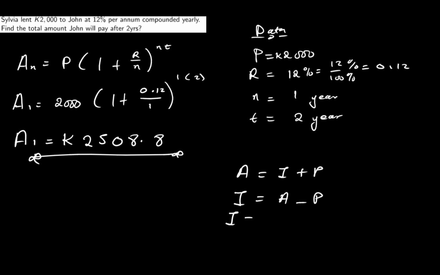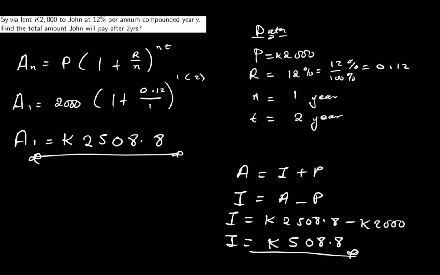So I'll say 2,508.8 kwacha minus the principal amount, which was 2,000 kwacha, and I have the interest to be 508.8 kwacha. So in a period of 2 years, this person made an interest of 508.8 kwacha. And that's how you go about solving this question.